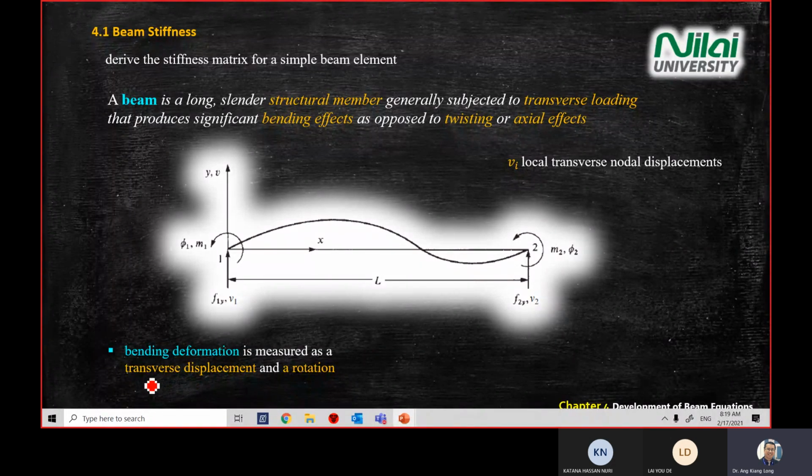In this case, we use the textbook word displacement described by transverse, which is in the vertical form in this way, and a rotation. So later on in your matrix, you will see a displacement and a rotation plus a moment. So it will be a very big matrix.